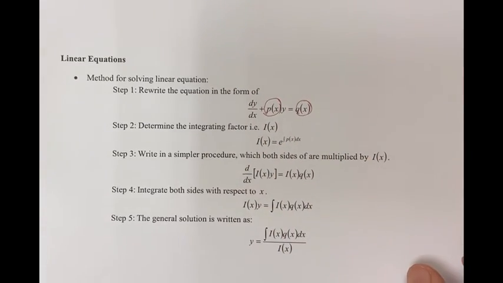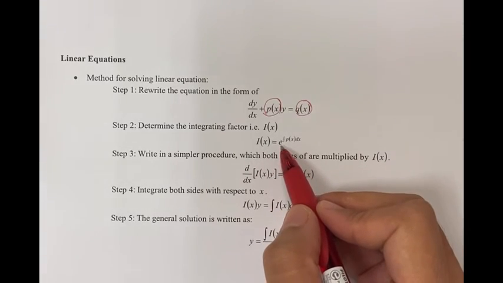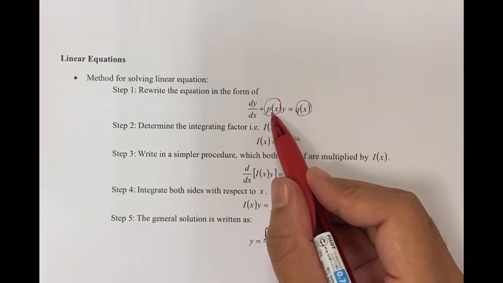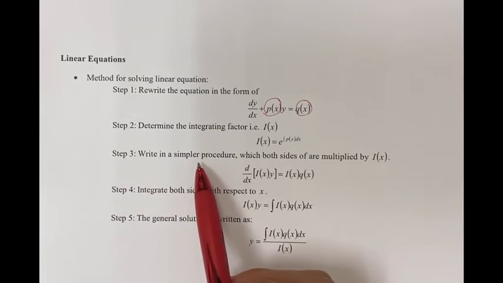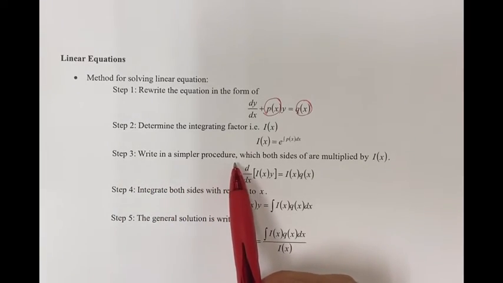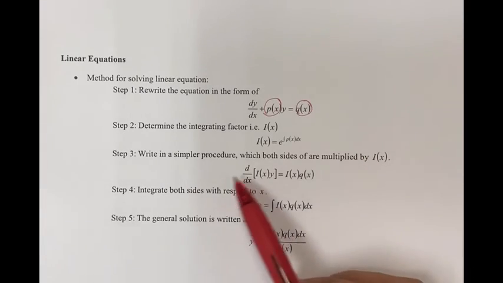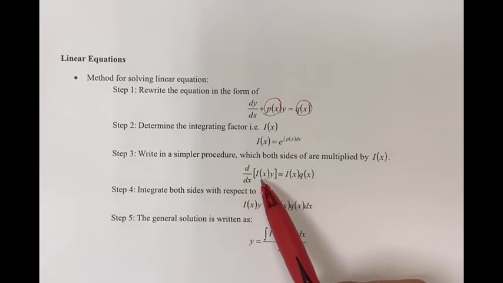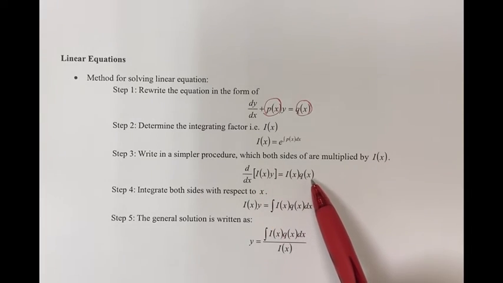Second step is to determine the integrating factor. Integrating factor is equal to exponent integration of px dx. Okay, step 3 is to write in a simple procedure. You multiply by integrating factor on both sides. So have d over dx of I times y equal to I times qx.